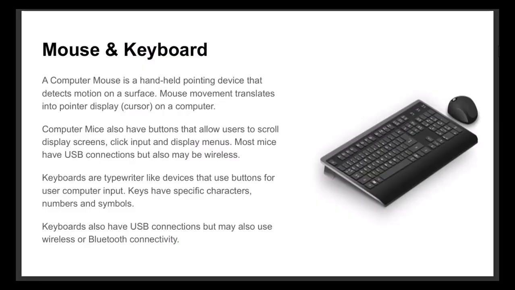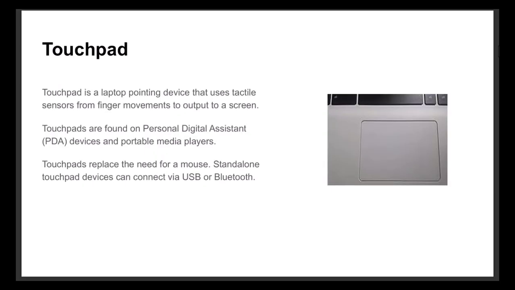Special characters is the term we use for different symbols, such as punctuation marks, percent and dollar signs, and others. Keyboards also can connect to our computers through a USB connection, and many of our newer keyboards now also have wireless and Bluetooth connectivity. Our next peripheral device is a touchpad.